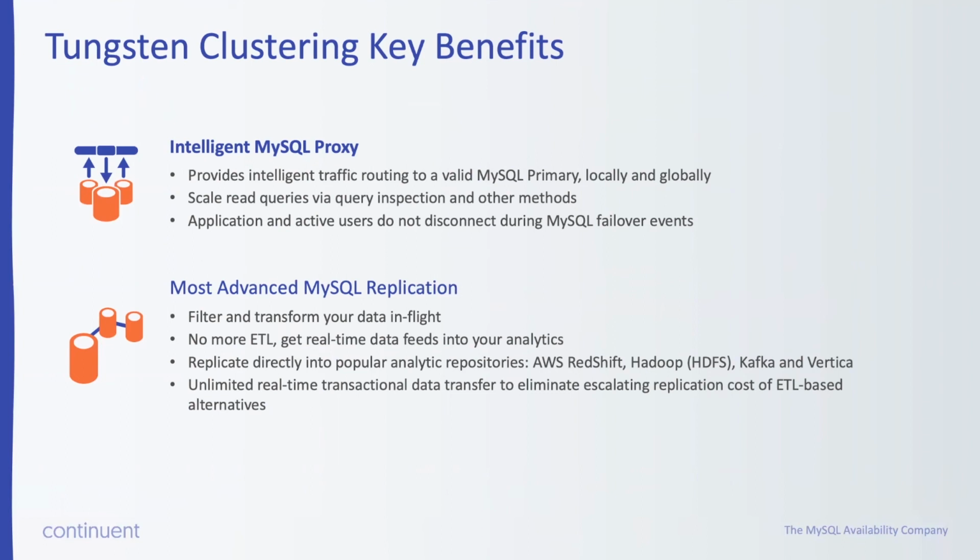So if we have multiple primaries deployed in different sites, it'll route to the local primary, and it can route read applications or read queries to local read replicas. And during any sort of failover event or switch event, applications are not disconnected. So your users still have a good experience even when a failover happens.